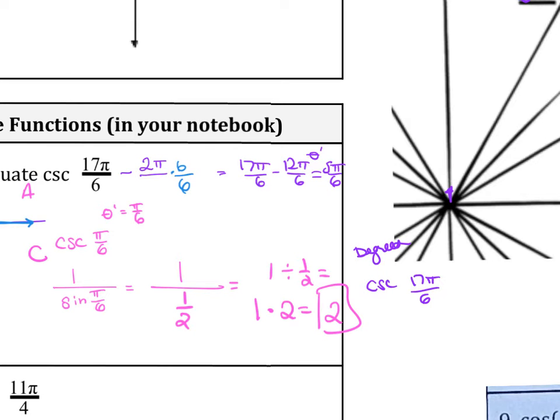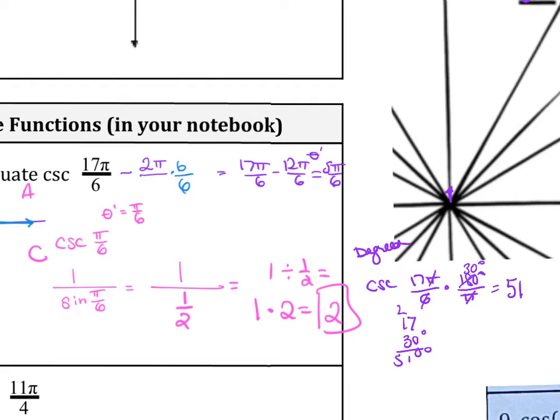What I'm going to do is multiply by 180 degrees over pi. So 6 goes into 180 thirty times. So we're looking at 17 times 30 degrees, and this is going to be 510 degrees.